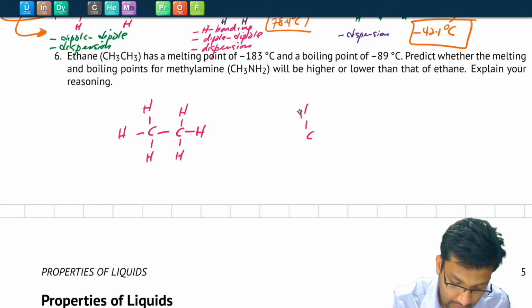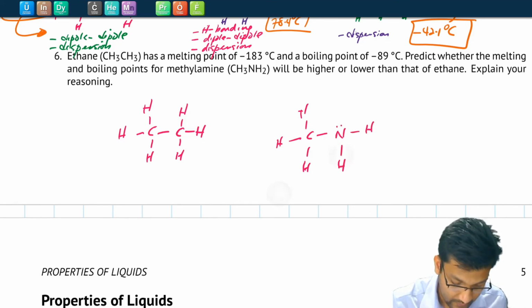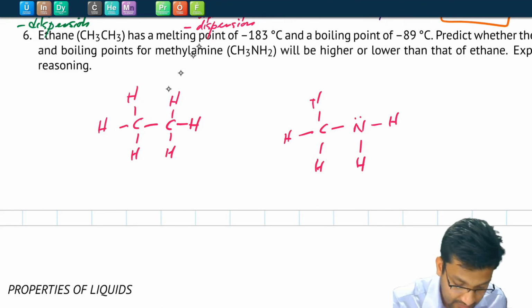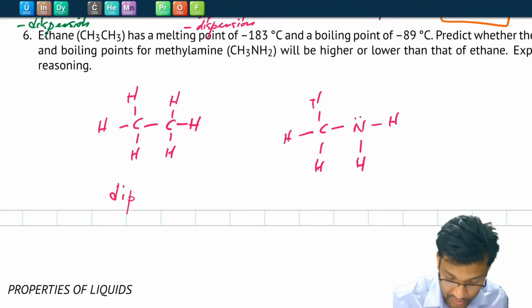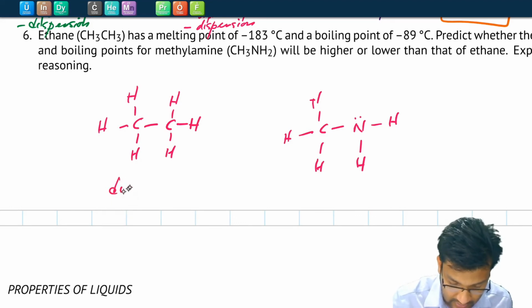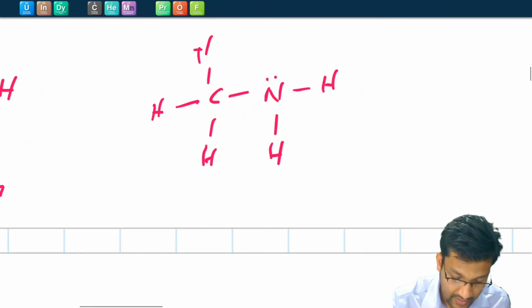CH3, H, N has a lone pair there, H. Okay. This guy on the left, we've done a few like these before. It has nothing except dispersion. What about this on the right?